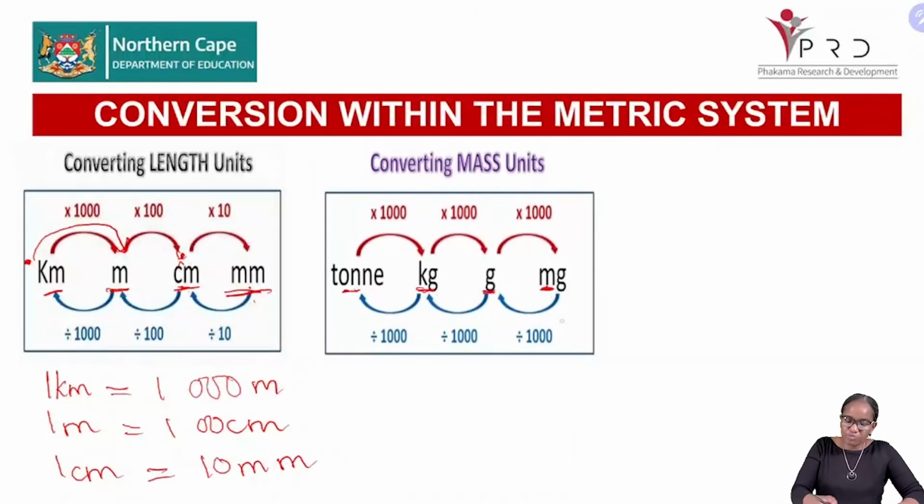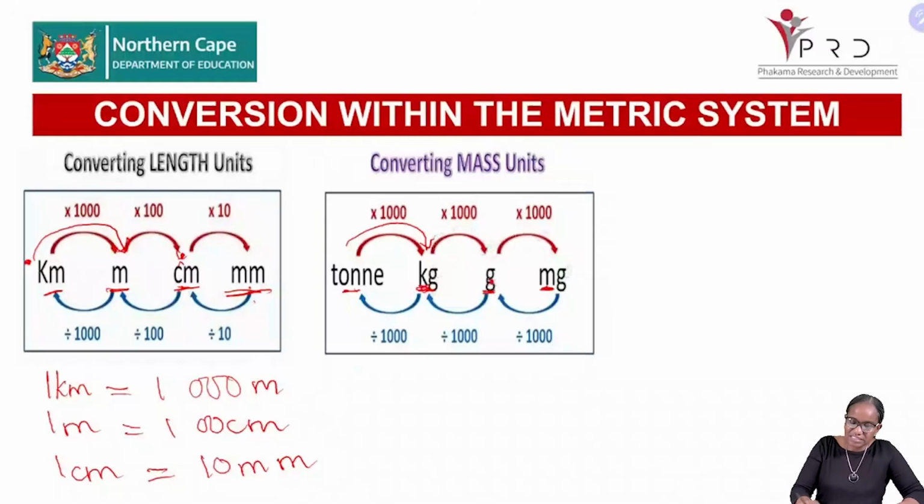So when we are moving from tons to kilograms, we multiply by 1,000. From kilograms to grams, we multiply by 1,000. From grams to milligrams, it's also by 1,000.